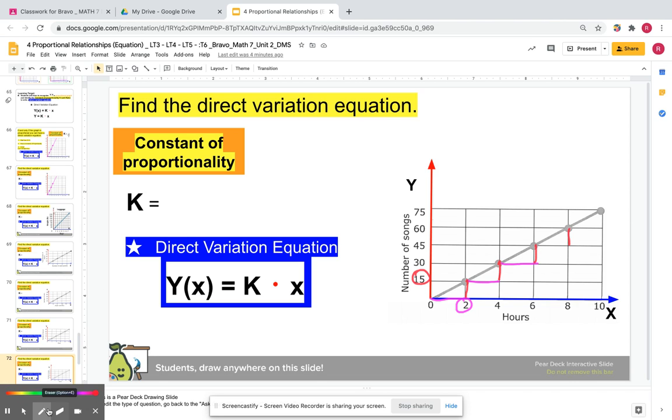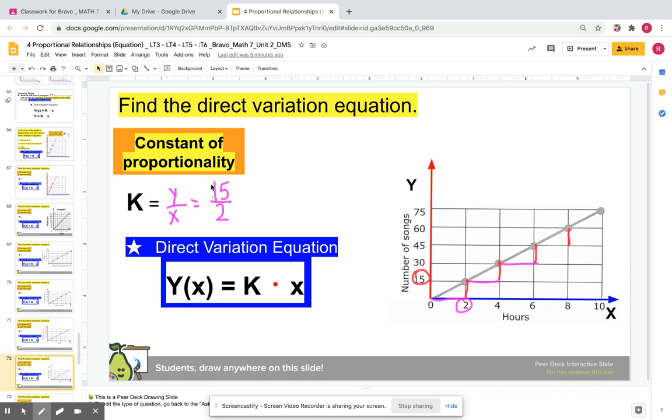By using that pattern, I'm going to find the value of k. Once again, k is simply written as y over x. What was the pattern that you saw in x? It was growing by 2. Great. What was the pattern you were observing for y? It was growing by 15.